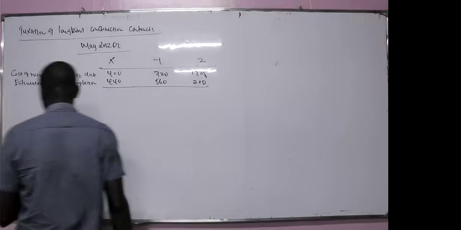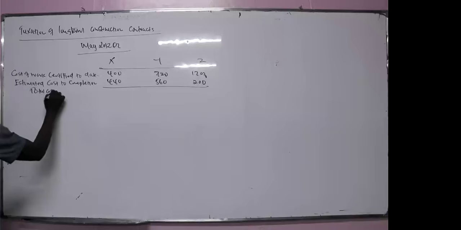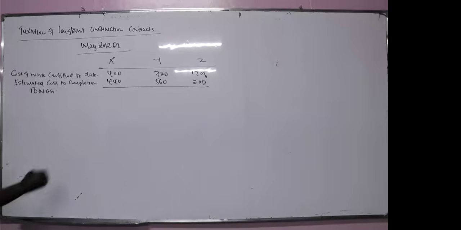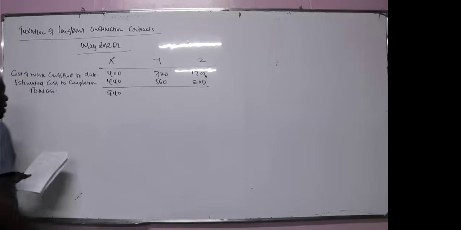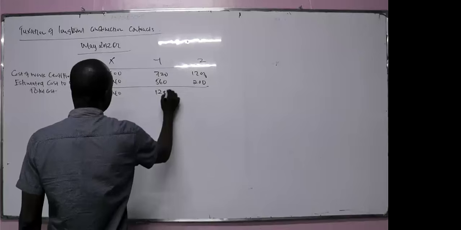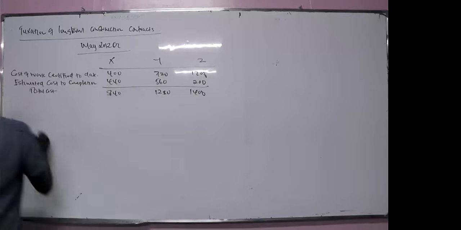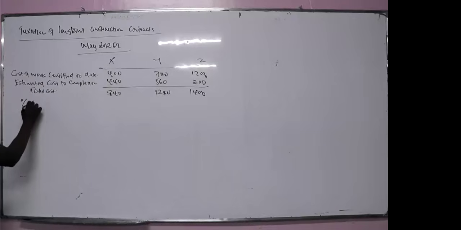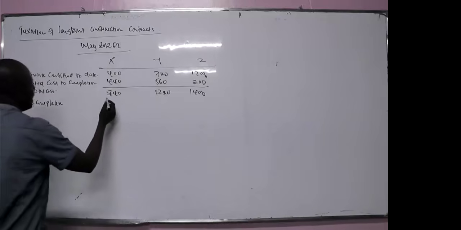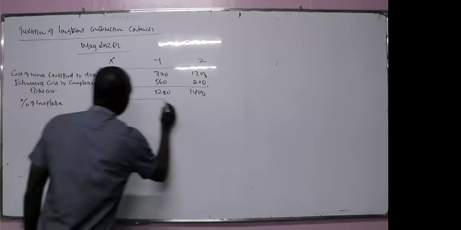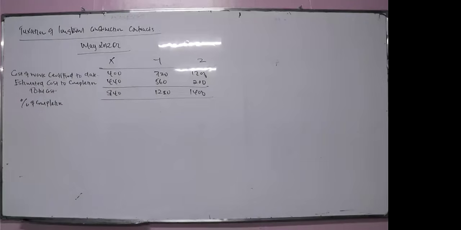We get the total cost. This one is 840, 1280, and this other one 1400. Then here we determine the percentage of completion. We said percentage of completion is cost incurred to date over total cost.